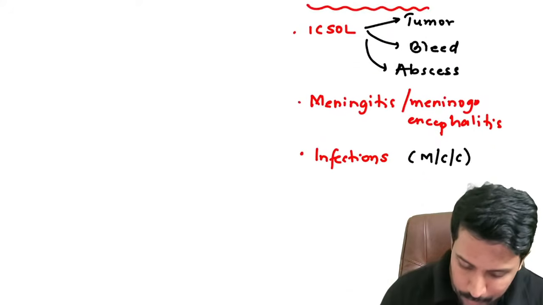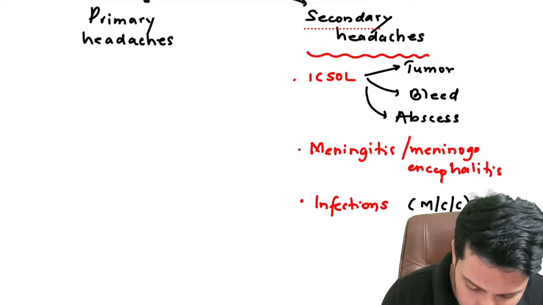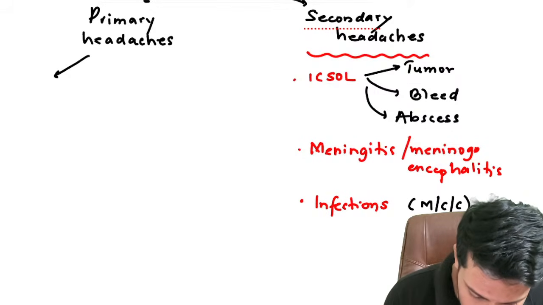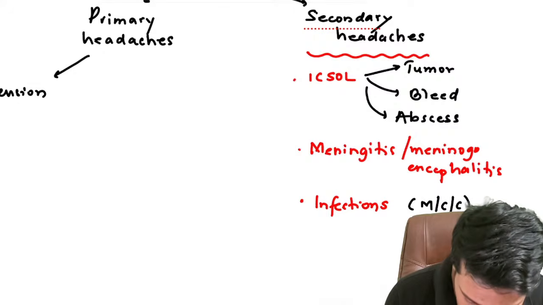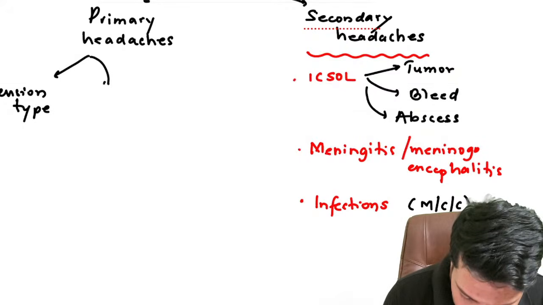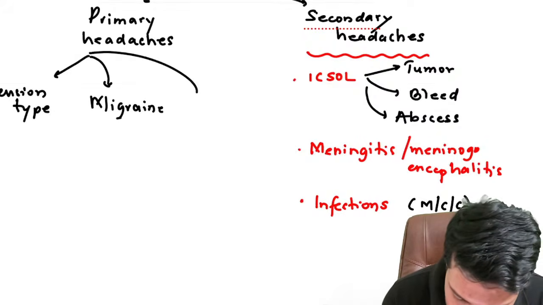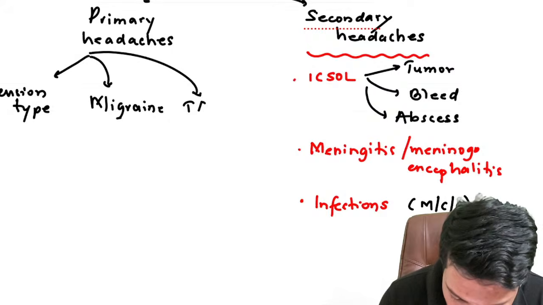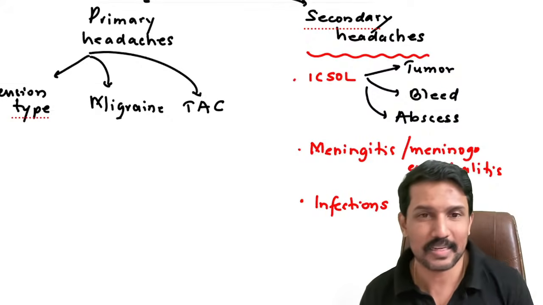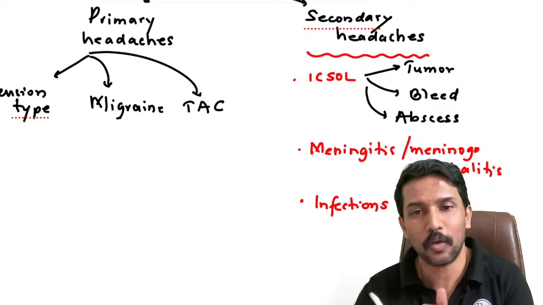Now, when it comes to the primary headaches, remember, we have tension type, and then we have migraine, and then we have a set of headaches called trigeminal autonomic cephalgias, right? It's there in the name, trigeminal autonomic cephalgia.